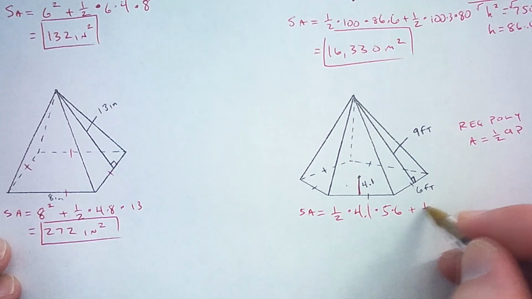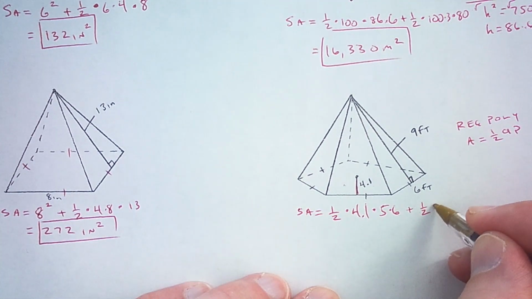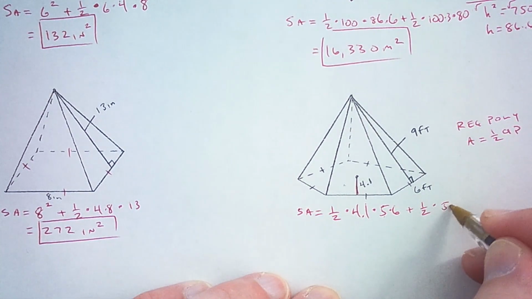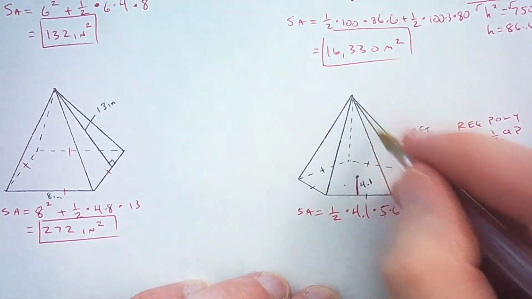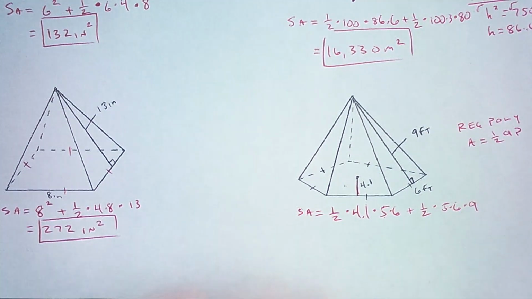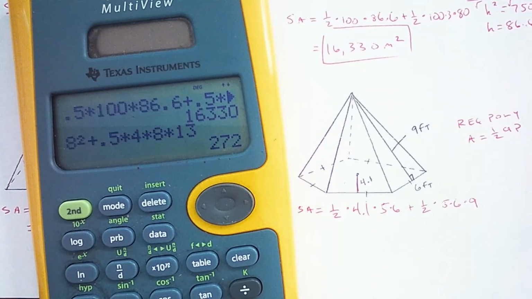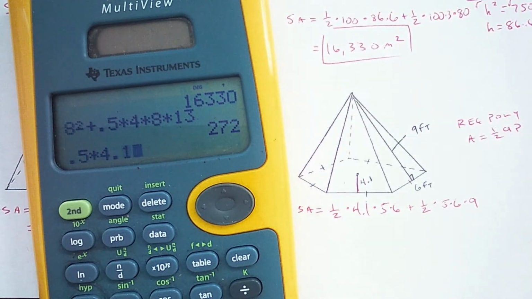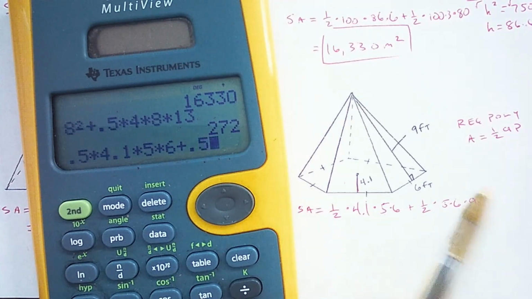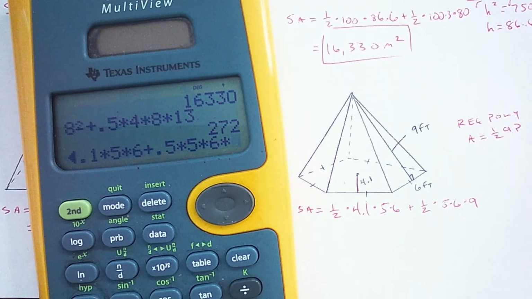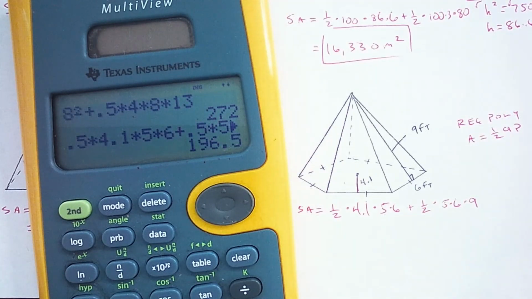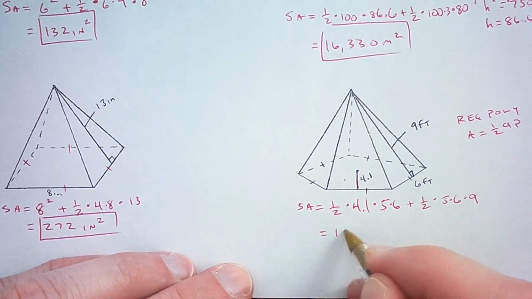Plus 1/2 perimeter times slant height. So that's 1/2 times the same perimeter, 5 times 6, times the slant height, which is 9. So we have 0.5 times 4.1 times 5 times 6, plus 0.5 times 5 times 6 times 9. And we have 196.5 feet squared.